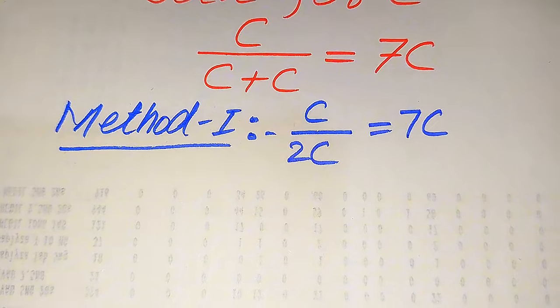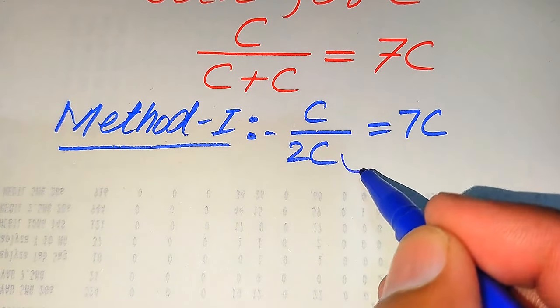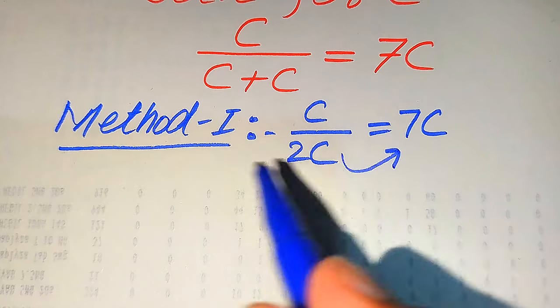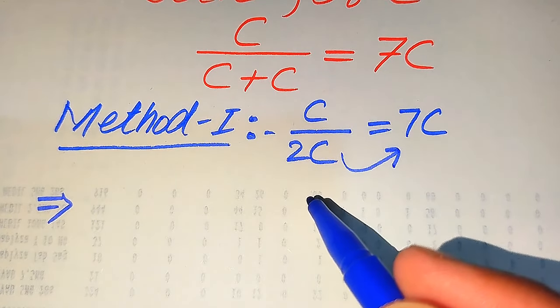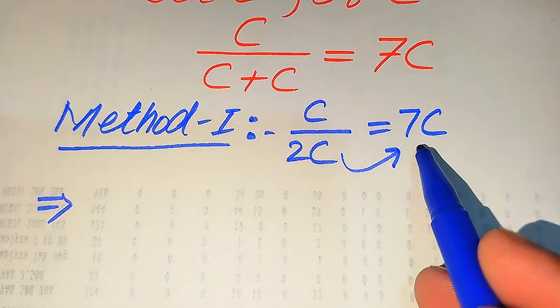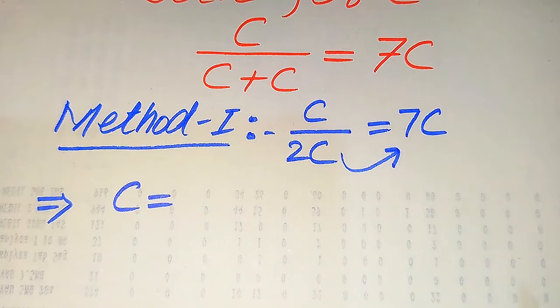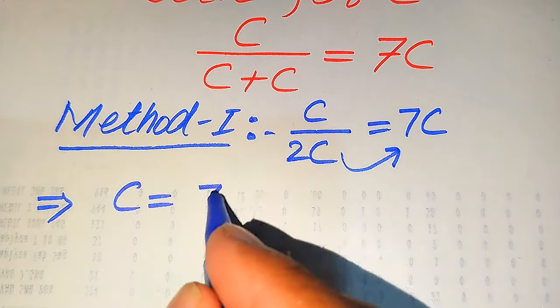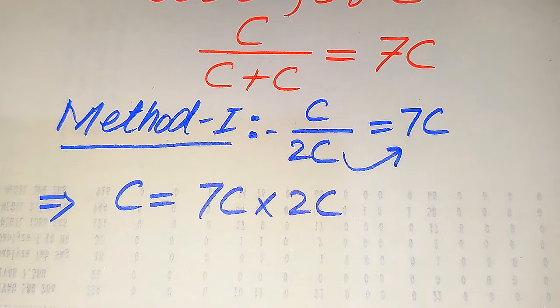And further, because we solve this problem for the values of c, we move this 2c to the right hand side. You see here 2c is dividing on the left hand side. When we move it to the right hand side, it is multiplied by 7c. So when we move 2c to the right hand side, it becomes 7c multiplied by 2c.